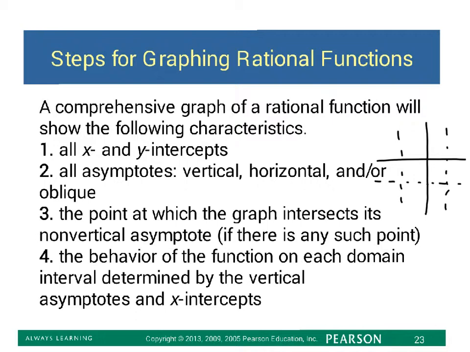Okay, so to figure out where your function is going to be graphed amongst all these asymptotes, I find two values that are to the left of my vertical asymptote, and then find two values somewhere here in the middle, and then two values that are to the right of your other vertical asymptote. So find a couple of values in each section that it's broken up into according to your vertical asymptotes.